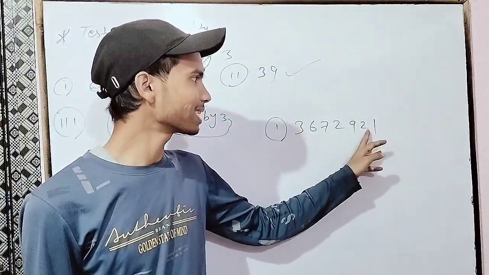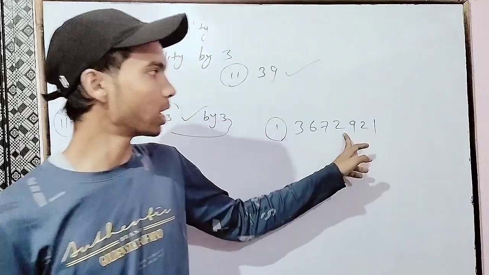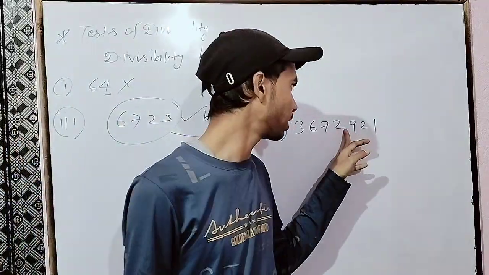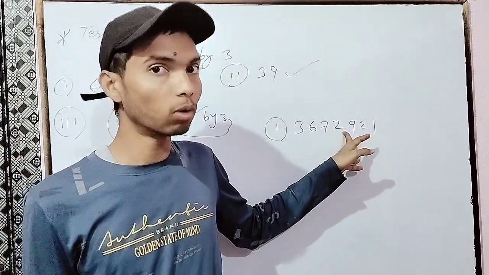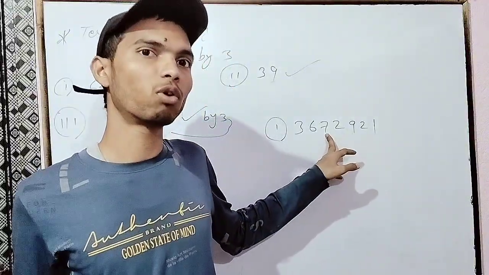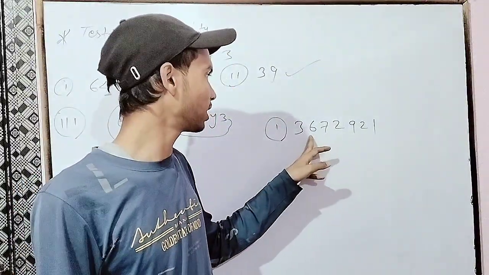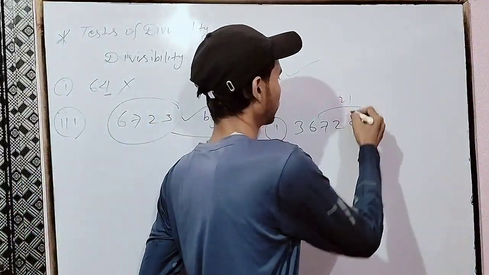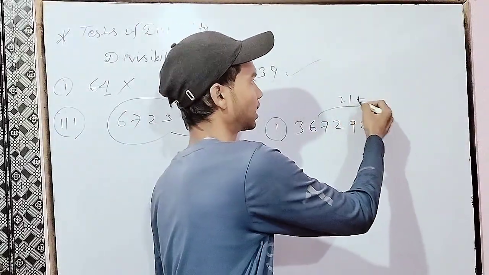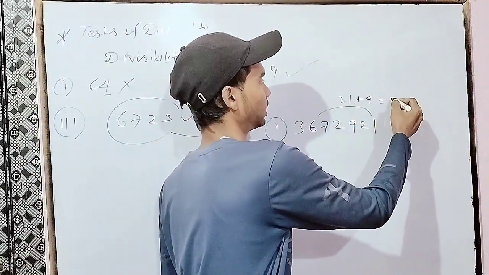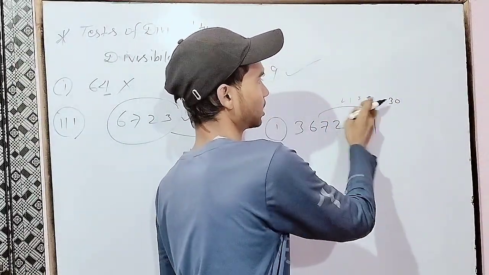So 3, 12, 12 and 2, 14, 14 and 7, 21. Till here it is 21 and here 9. 21 plus 9 is 30.